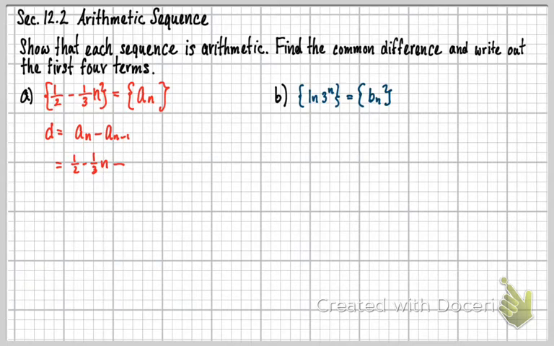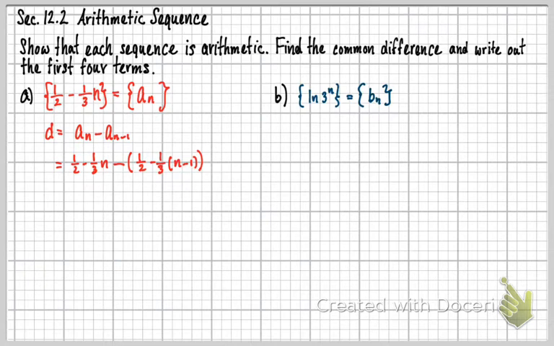Now for a sub n minus 1, I'm going to use a parenthesis here, and I'm going to say 1/2 minus 1/3, and in place of the n, I'm going to put n minus 1. I have to use parentheses because it's n minus 1 that I'm multiplying.